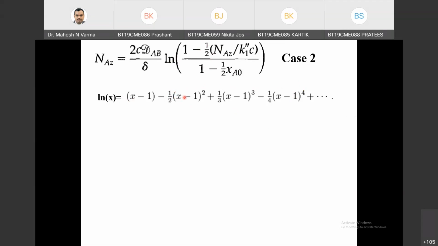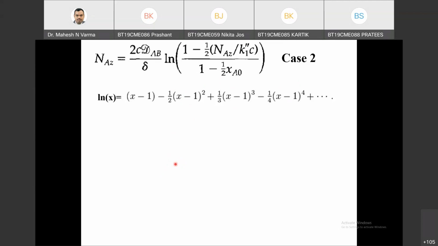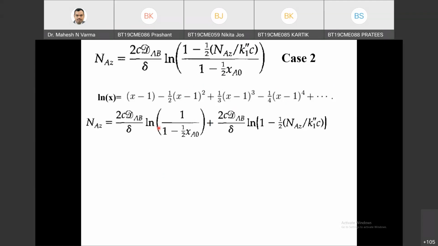Rearrange the equation, and you should be able to get this equation. So this is the expansion. Ln of a divided by b will be equal to ln a plus ln 1 upon b.